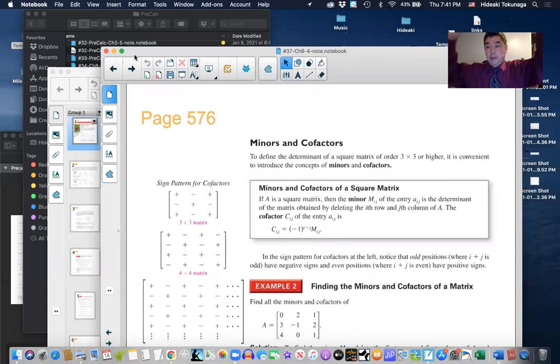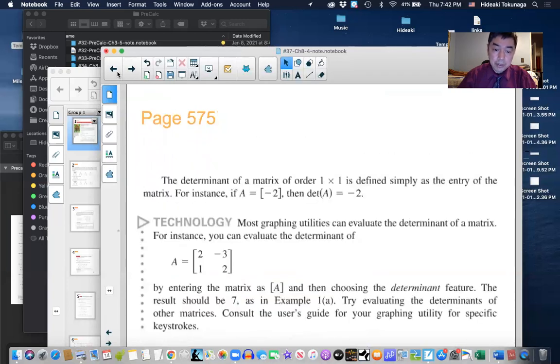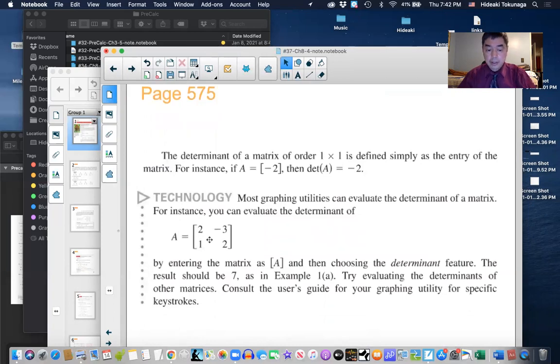The numbers on this diagonal switch places, right? For example, let me make sure if I use the letters A, B, C, D. Maybe I use this one. This is your textbook.